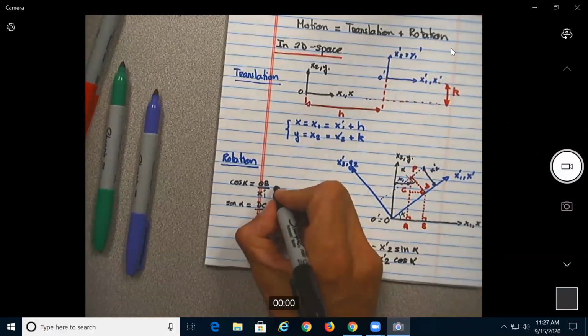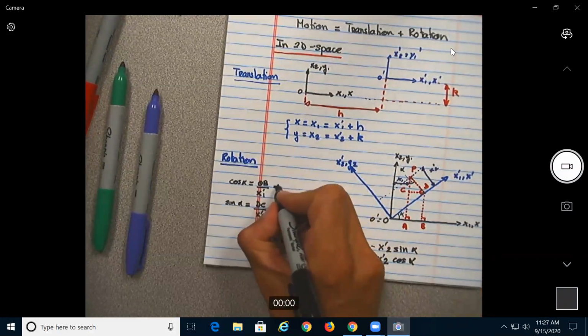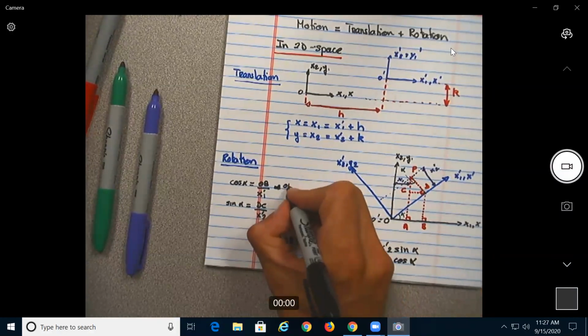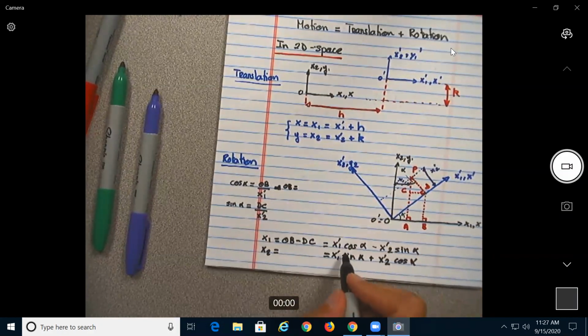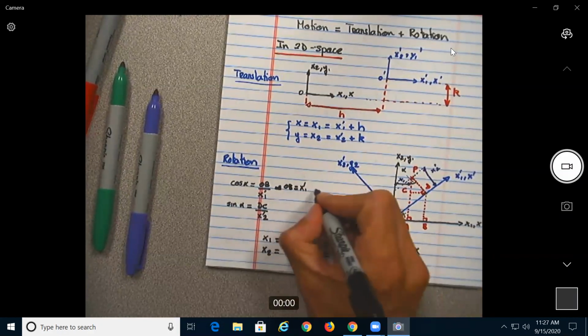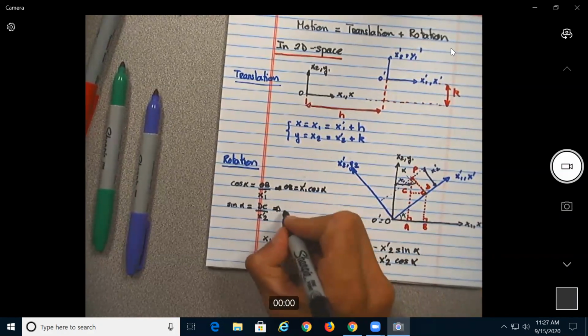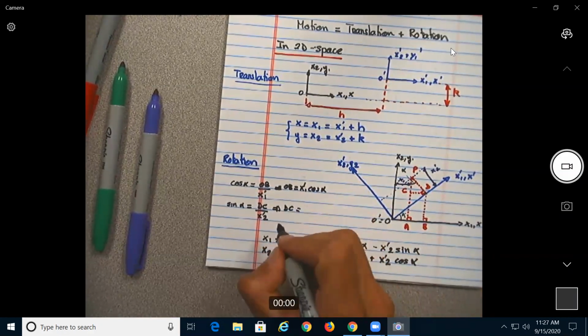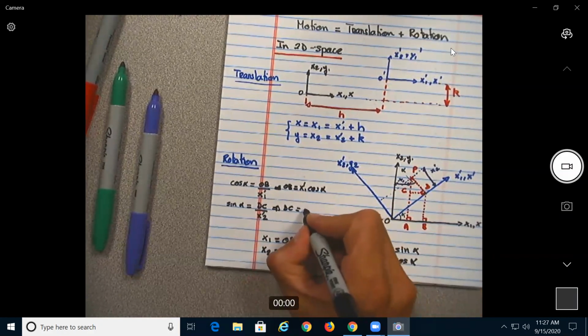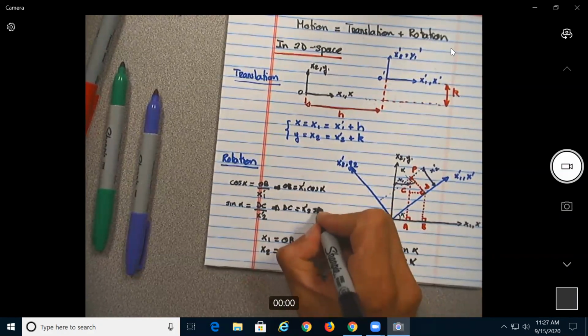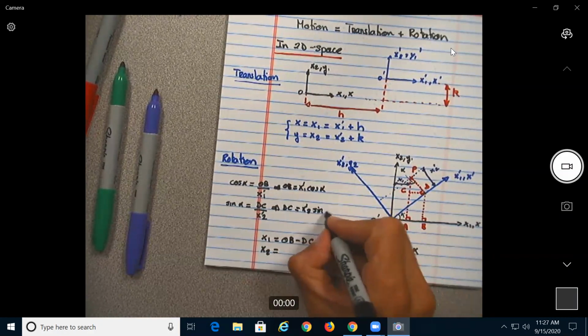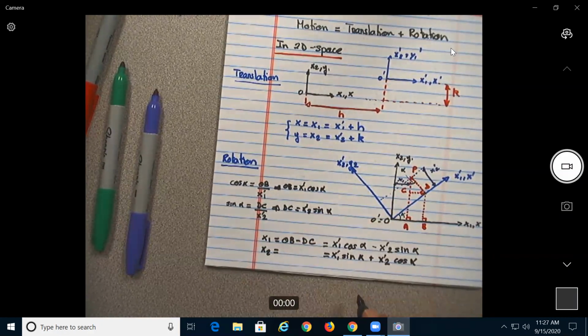From this one we did OB to be equal to x prime 1 cosine alpha. So this one we got DC equal to x prime 2 sine alpha. And similarly, we do for this one.